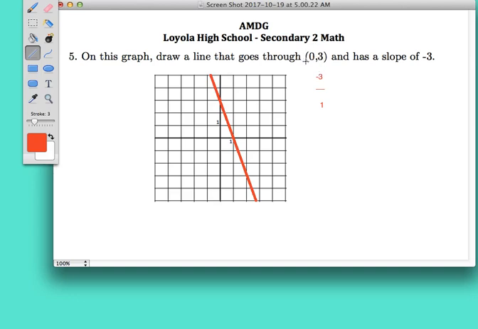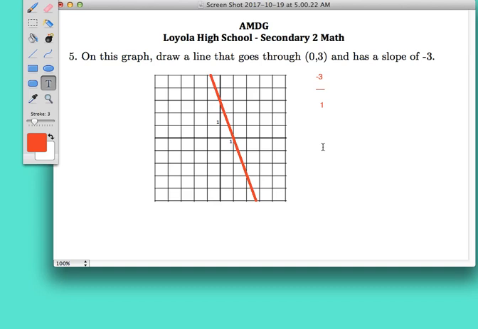This is kind of an important point here, okay? Because since the x-coordinate is 0, you might already see where I'm going with this. If I have the point on that line where the x-coordinate is 0, then that 3, the y-coordinate, this point where it crosses the y-axis, is an important number because that's my y-intercept.